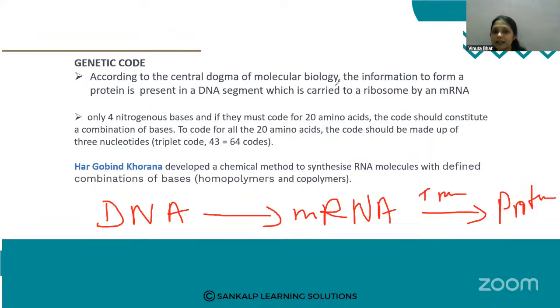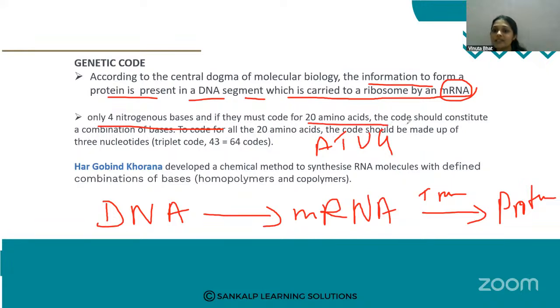Okay, here the information to form the protein is present on the DNA segment, which is carried to the ribosome by an mRNA. Only 4 nitrogen bases, adenine, thymine or uracil, and guanine, code for the 20 amino acids, and the code should constitute a combination of 3 bases.